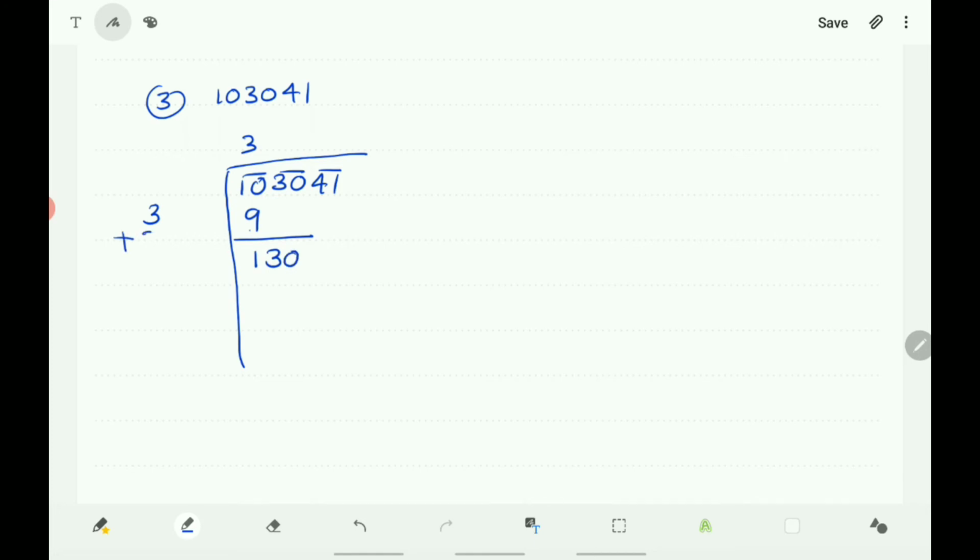Here you add 3. So it is 3 plus 3, 6. Next, in front of 6, you put some digit and multiply that number by the same digit and try to get 130 or nearest to it. So you know that 60 into 0, 61 into 1, 62 into 2. 61 into 1 becomes 61. 62 into 2, 2 2s are 4, 2 6s are 12, that is 124.